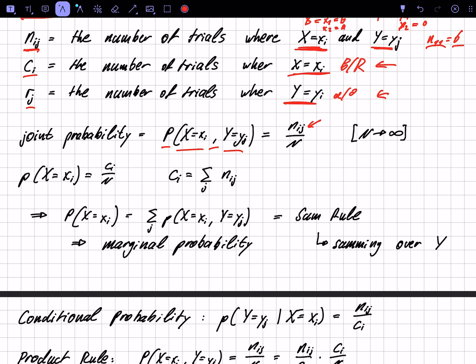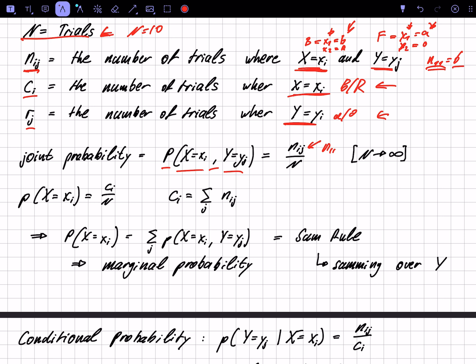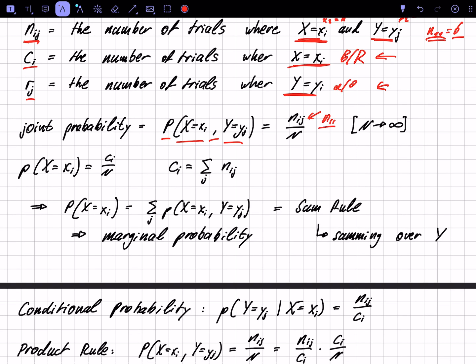So this can be, for example, n_11 as we denoted earlier, so box blue and fruit apple, divided by the total number of times that we performed this experiment. And this is only valid if we perform this experiment infinitely many times. So if we perform it only twice, we cannot say that this is the case. We can only say that it's the case when we perform this experiment many times.